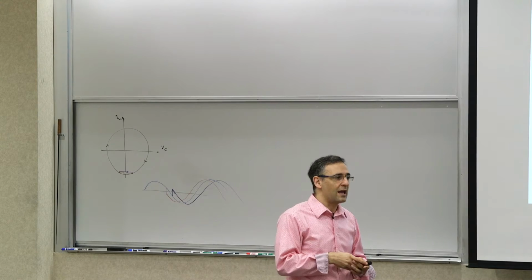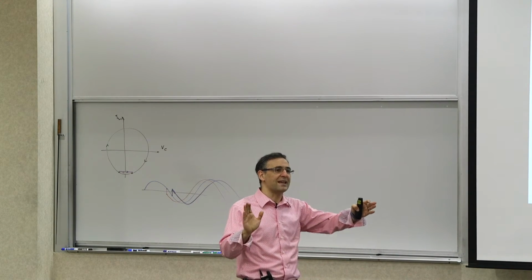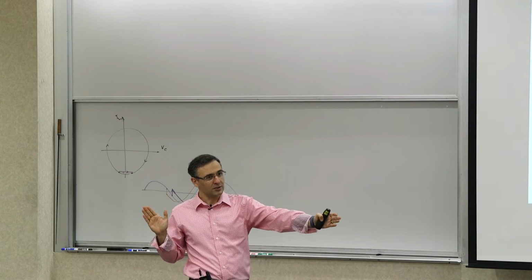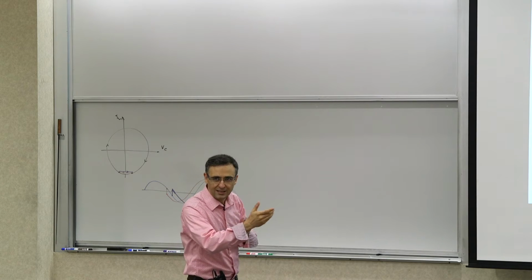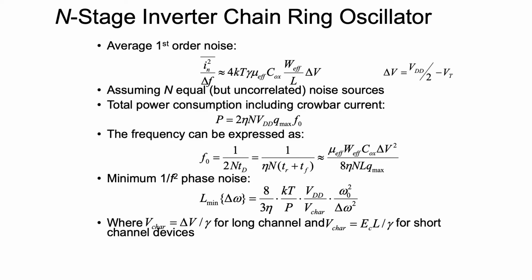So the question is: if I want to make an inverter chain ring oscillator, is it better to make it longer or shorter to get better phase noise? Because I can get similar oscillators with different designs. So let's do that. The assumption here is the standard noise expression for a MOSFET, where we use the channel noise to approximate it.